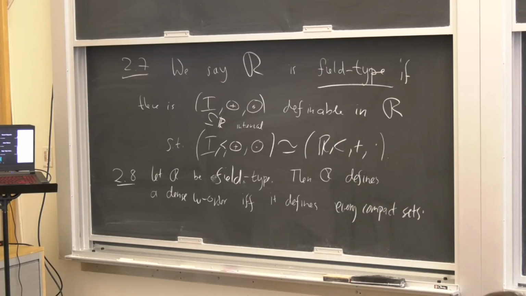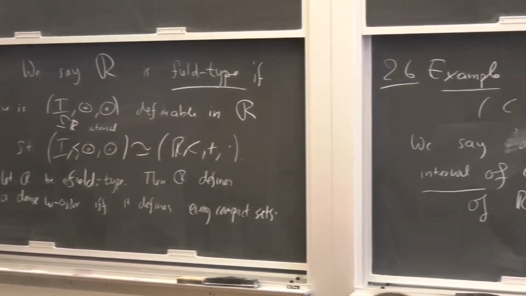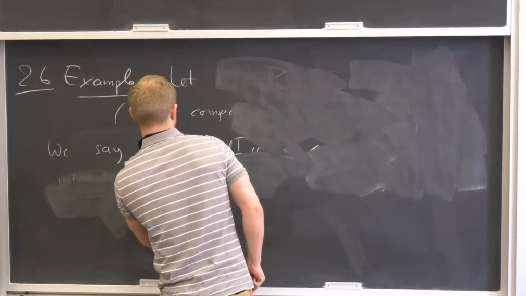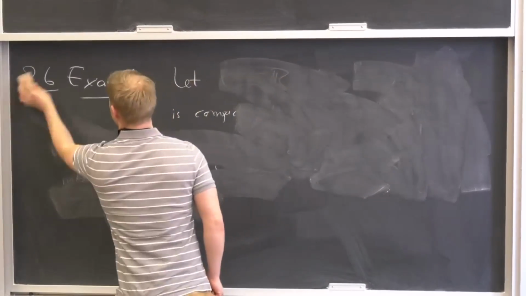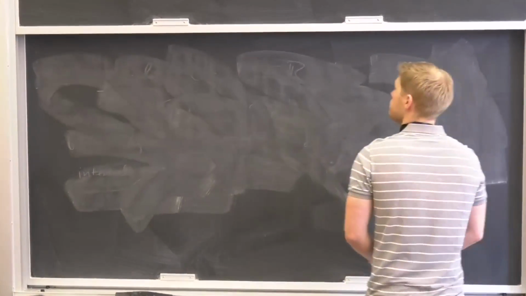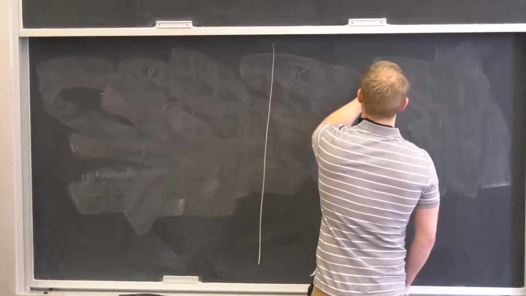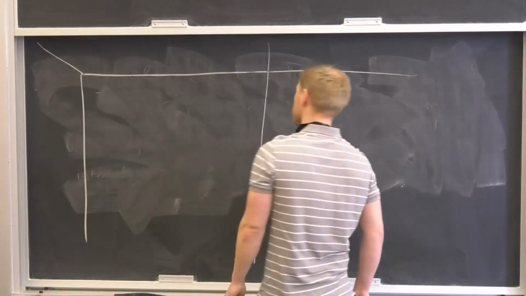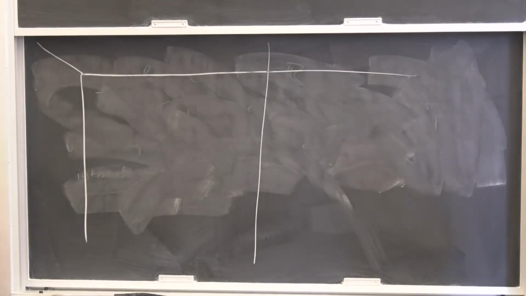And now this allows me to somewhat finish the picture I tried to draw last time. For expansions of the real additive group, we have these two questions you can ask: whether it is of field type, and whether it has a dense omega-orbital set.